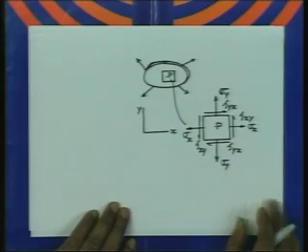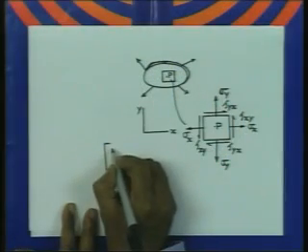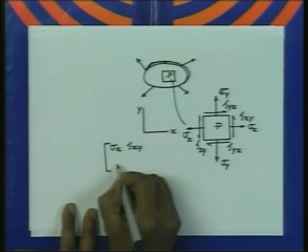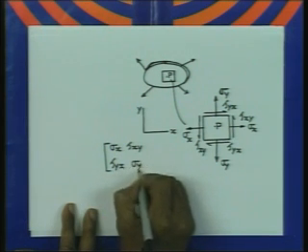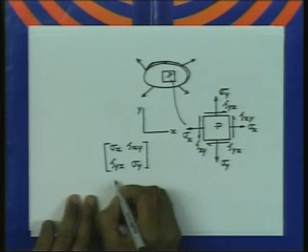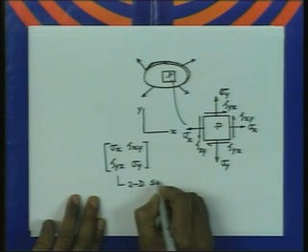So, these are the 4 components of stresses acting at the point P, and the 2-dimensional stress tensor is therefore indicated by these components: sigma x, tau xy, tau yx, sigma y. So, these are the 4 components in 2 dimensions. This is nothing but the 2D stress tensor.